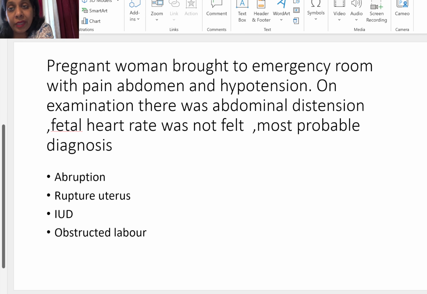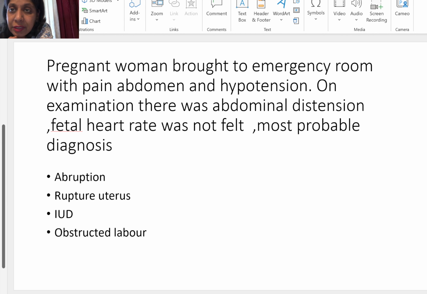So now we have to make the diagnosis. First, only two symptoms are present out of the triad of abruptio. So abruption can be, but where is the genital bleeding? See beta, in abruptio, as you know, the bleeding is occurring from the spiral arteries.